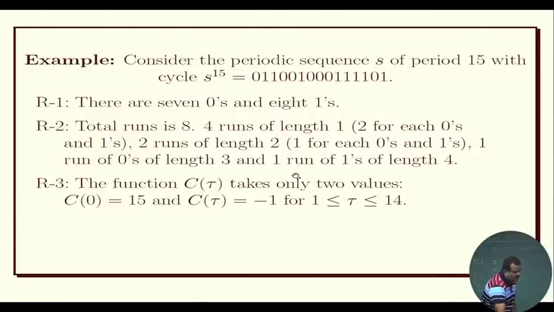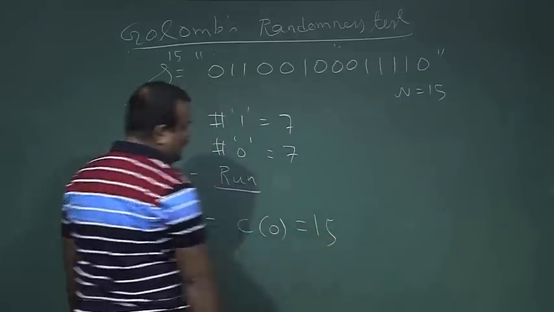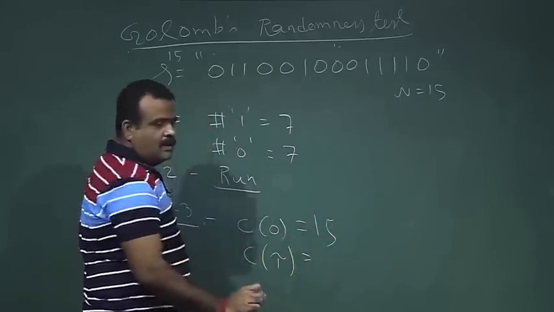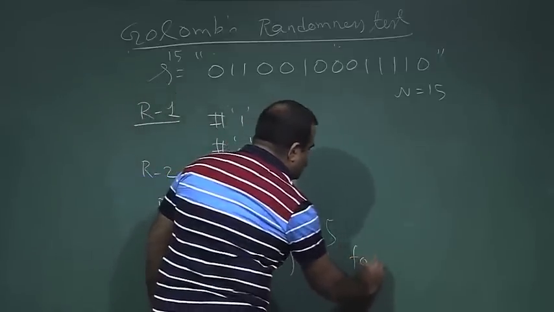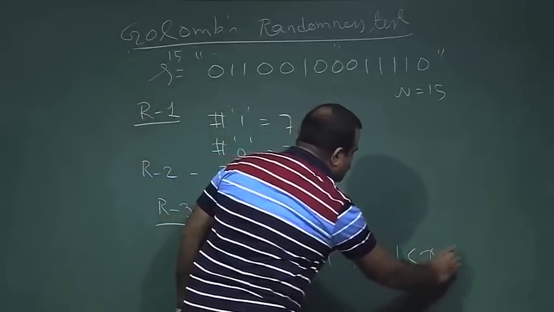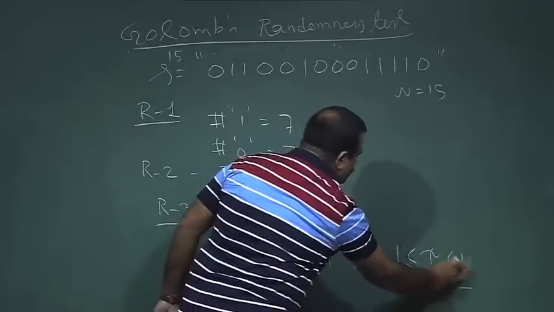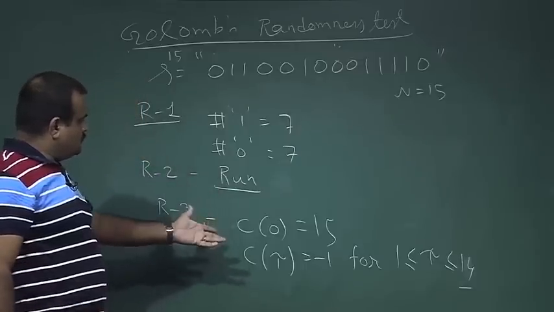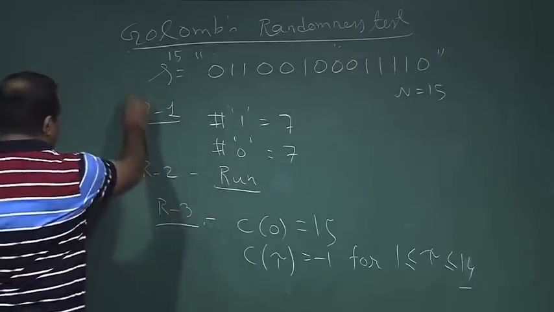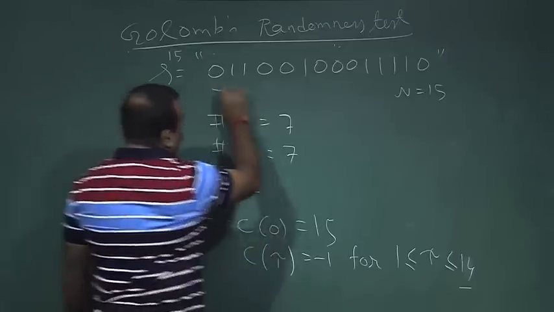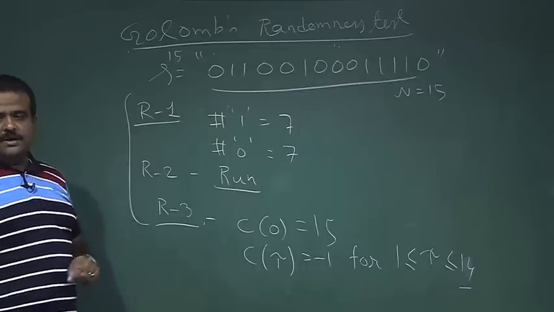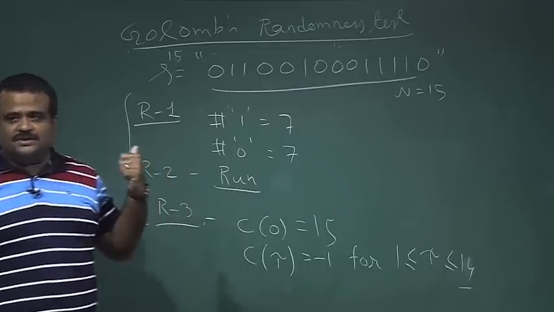If we calculate this, it gives us a constant function where C(0) is 15 and C(tau) is minus 1 for 1 ≤ tau ≤ 14. So, this is the autocorrelation, a constant function. So, Golomb's postulates are satisfied for this sequence. Now, we will see where this sequence is coming from.